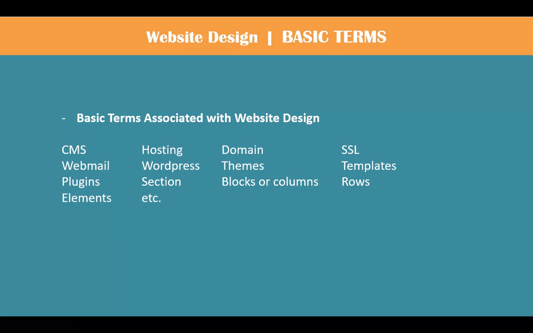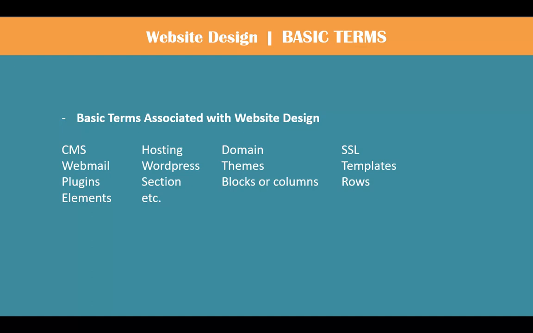Basic terms associated with the website, which are very good for each web designer to know or get acquainted with. We have CMS. CMS means Content Management System. It is a platform that will allow you to build your website without coding. The likes of Joomla, WordPress, Drupal, Squarespace, Wix, Bookmark.